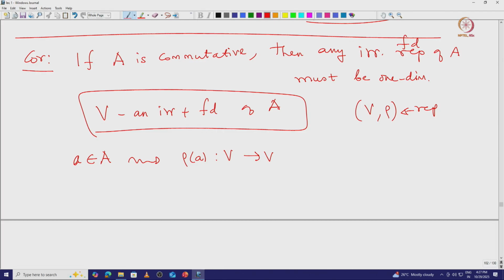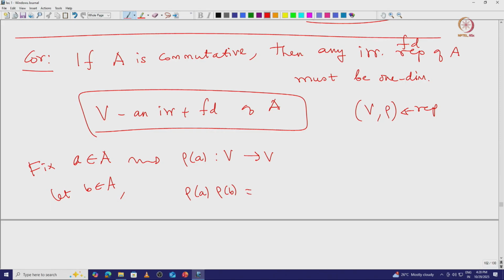For that, let b be any element of A. Then we need to check that rho of a and rho of b commute.